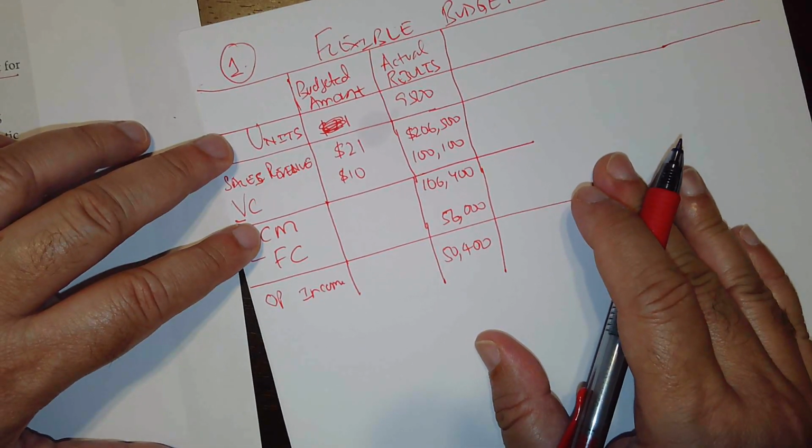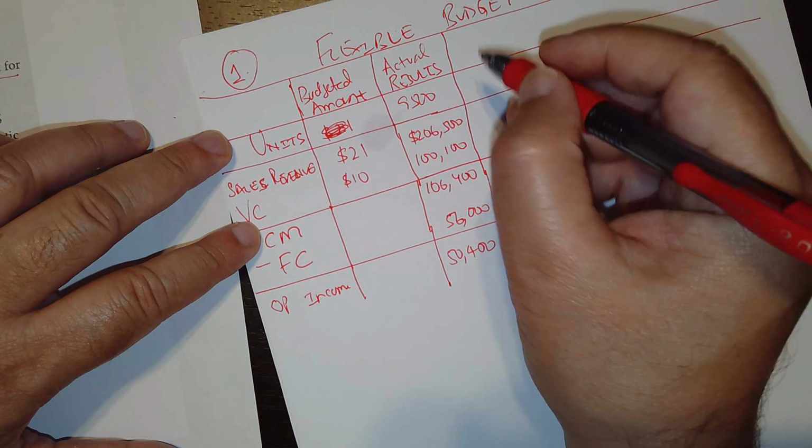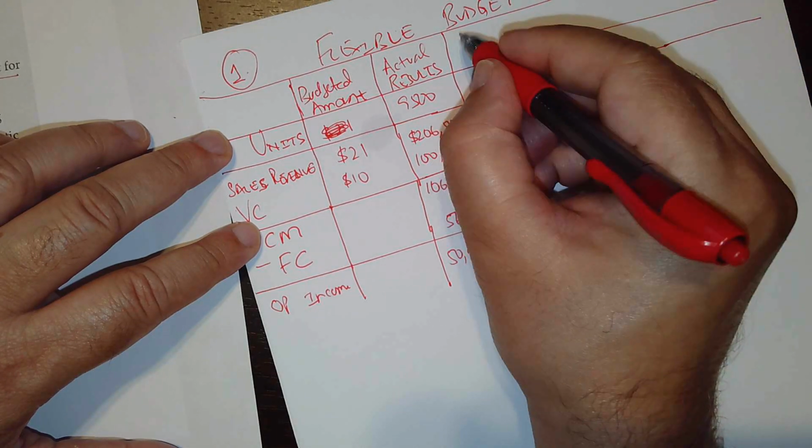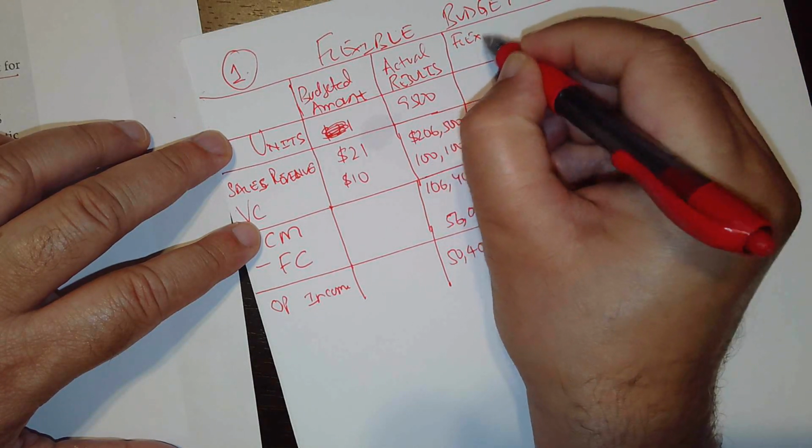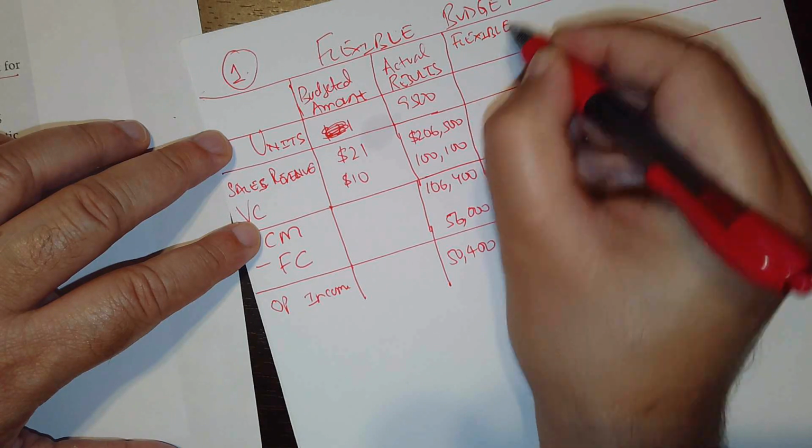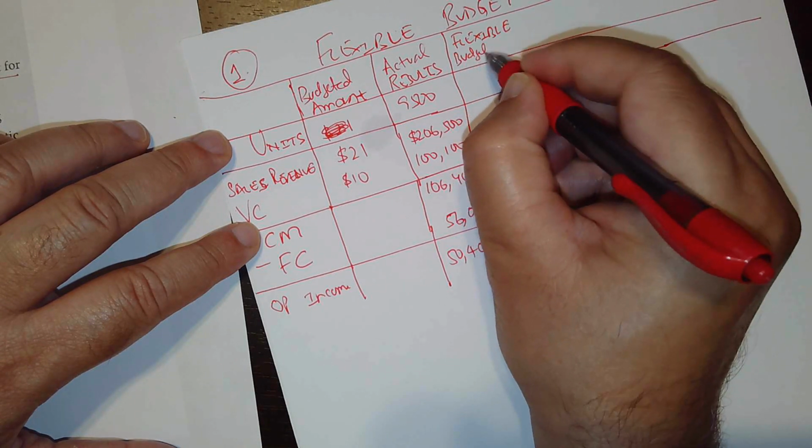So now we have to find out the flexible budget variance. The next thing we're going to calculate is the flexible budget variance.